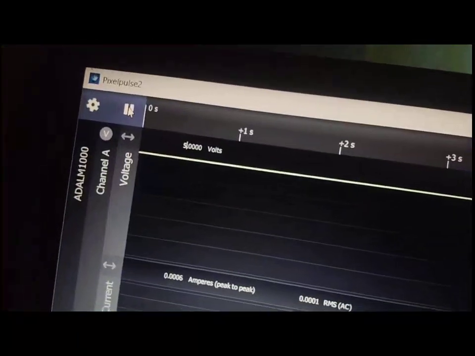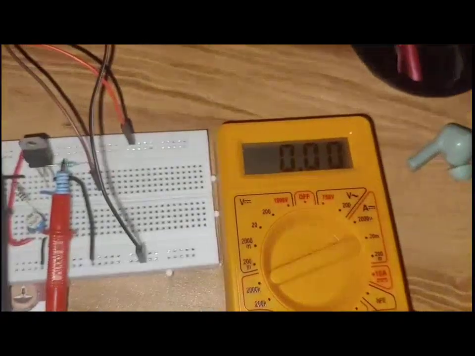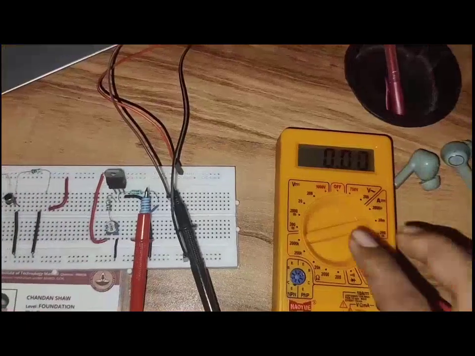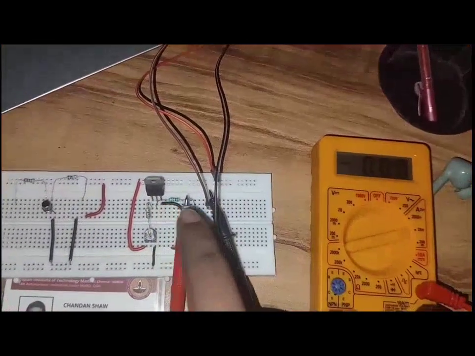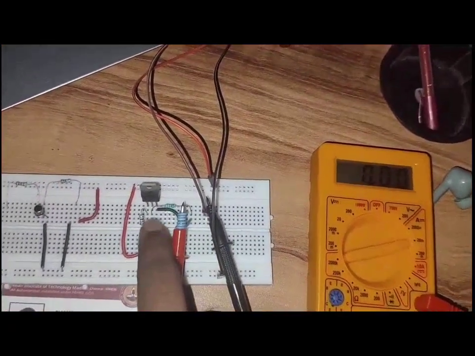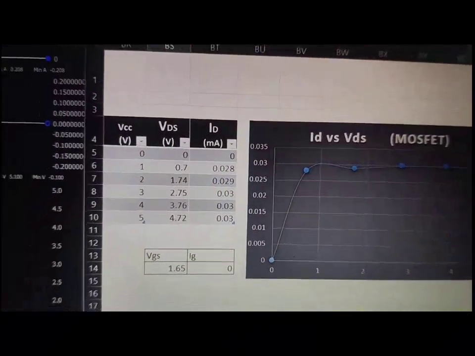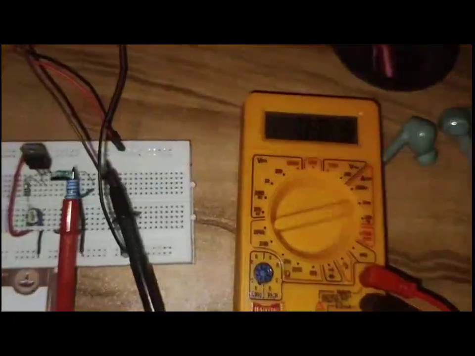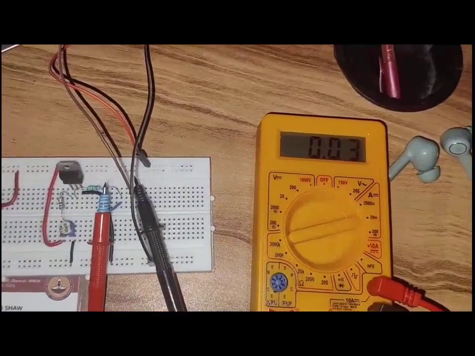Now you can see the 5 volt on this, still 0. Now ID is measured. Now you can see the 0 volt channel B is providing. This is the data we got, and now we are going to change it to 4 volt, and now you will be able to see 0.03 milliamps.